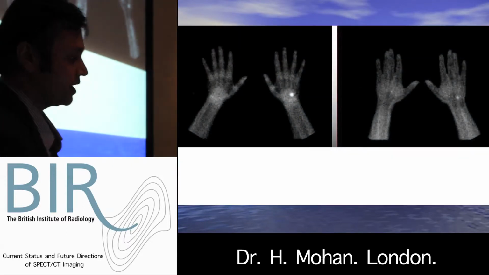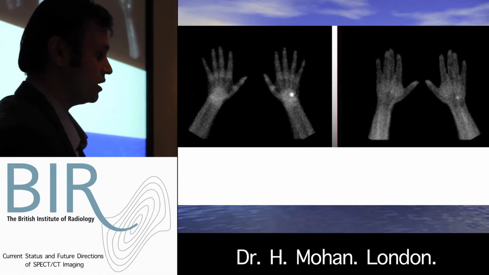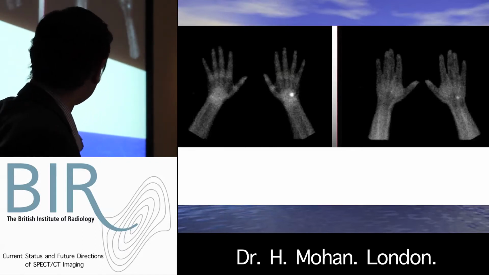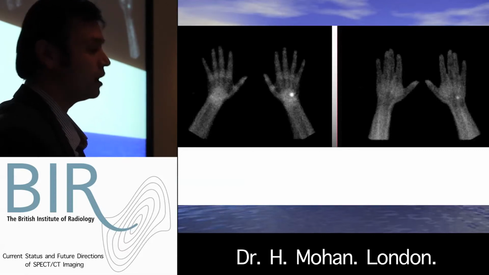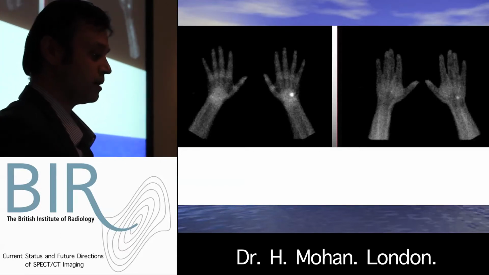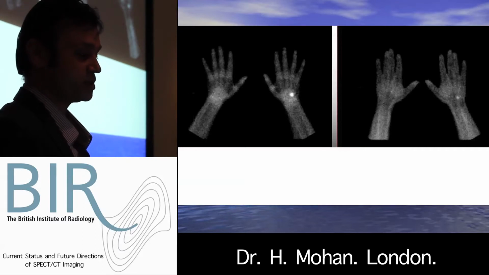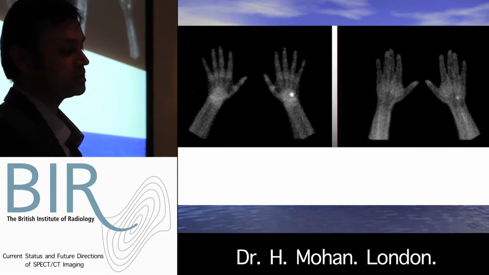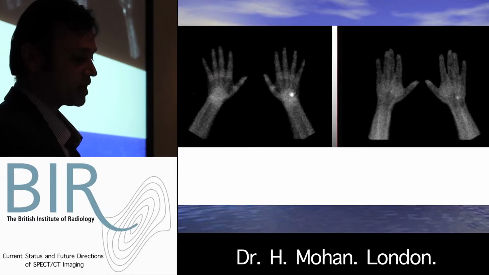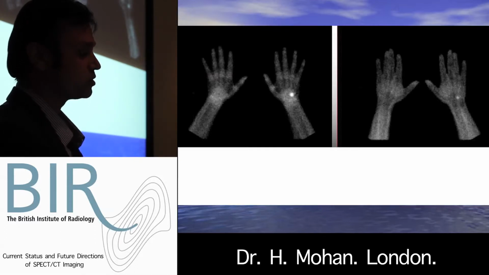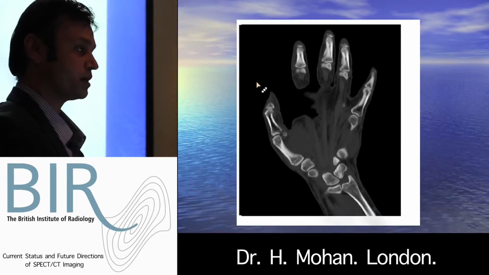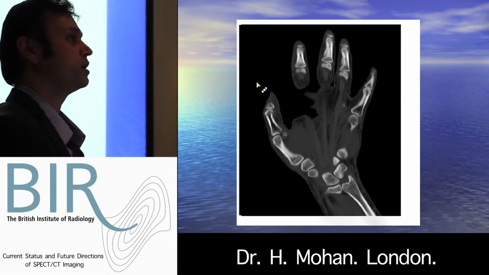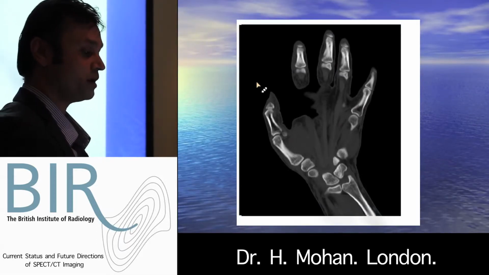So here are some cases. A patient who had a fall on the outstretched arm, and pain in the ulnar aspect of the arm. Where is this area of uptake? These are the delayed images, and this is the early blood pool images, vascular on the early blood pool images, most likely representing a traumatic etiology. On SPECT, as you can see, it's a blob amidst nowhere.